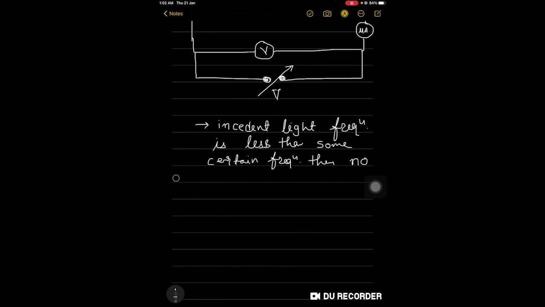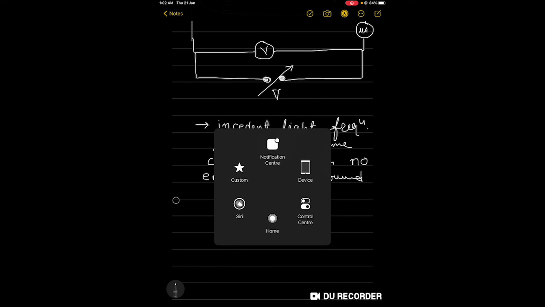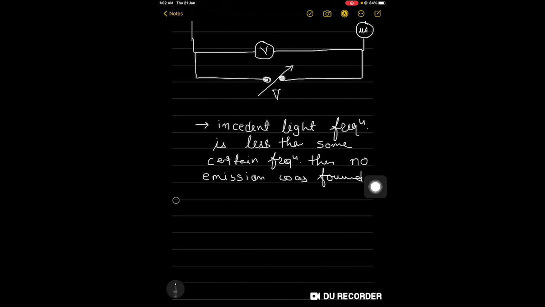So this indicates that to emit electrons from a certain surface, we must need a certain high frequency.